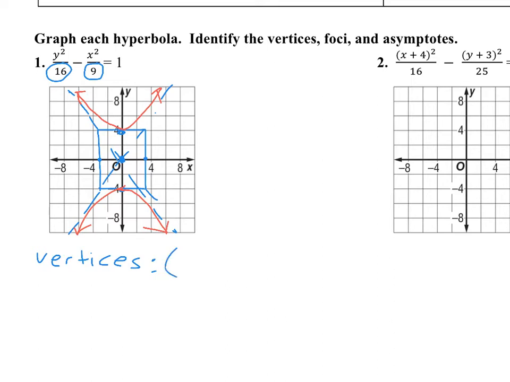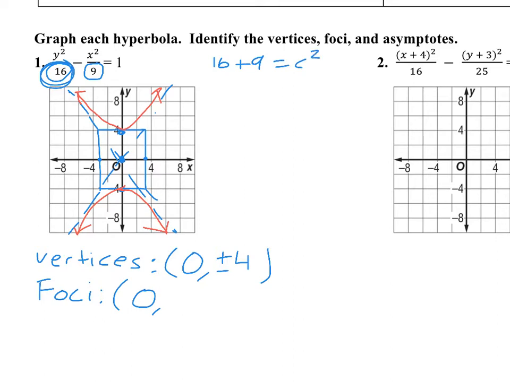For the vertices, this is vertical, so we know it's going to go in the y. The a value, square root of 16, is 4, so plus or minus 4. The foci, again, this is vertical, so we know it's going to go in the y. The c value, we have to add the denominators together, and that will equal c squared.